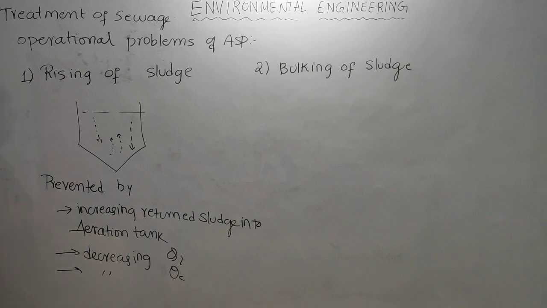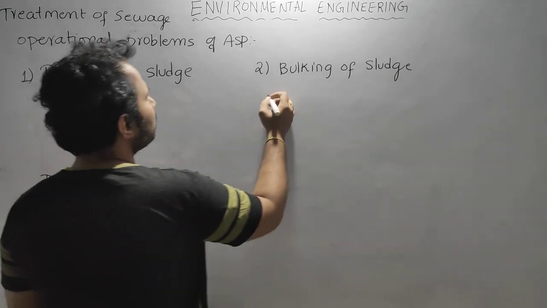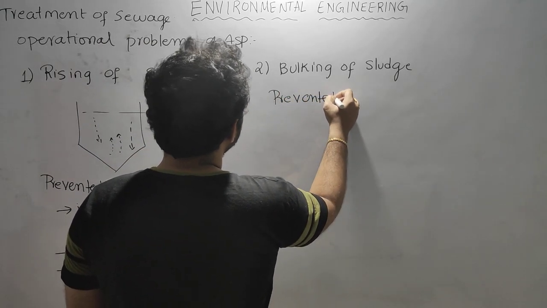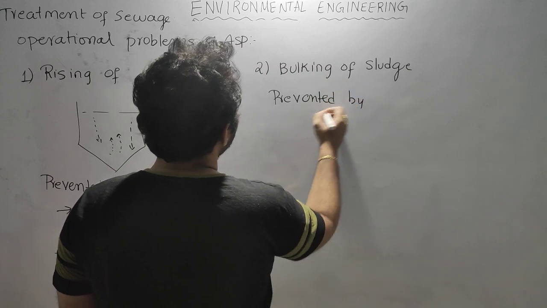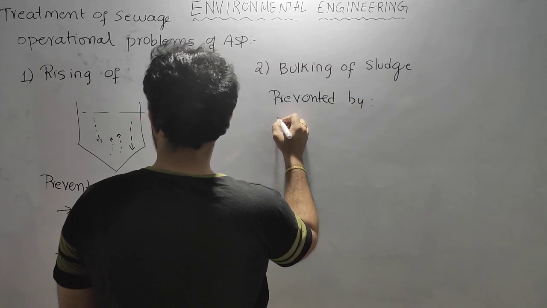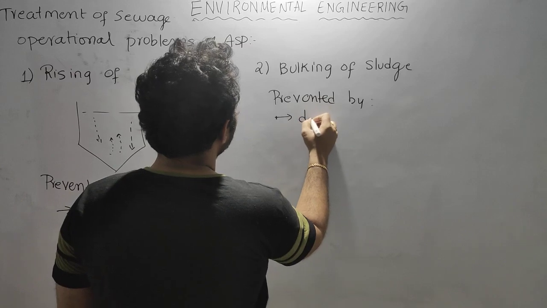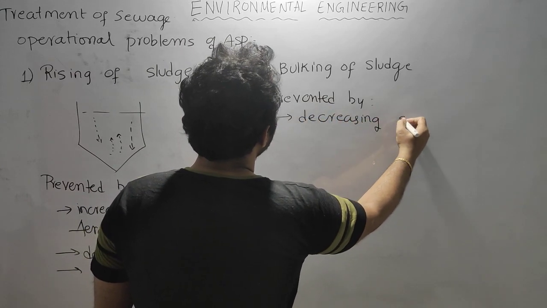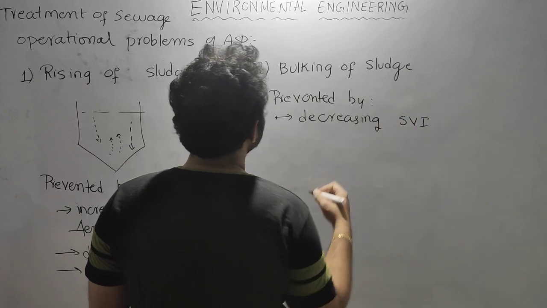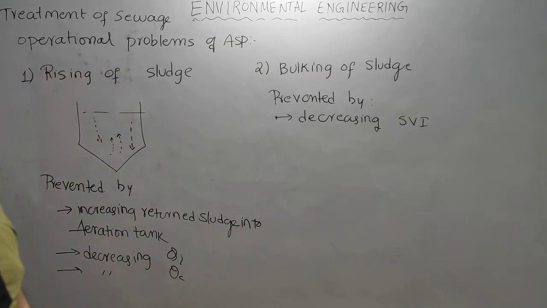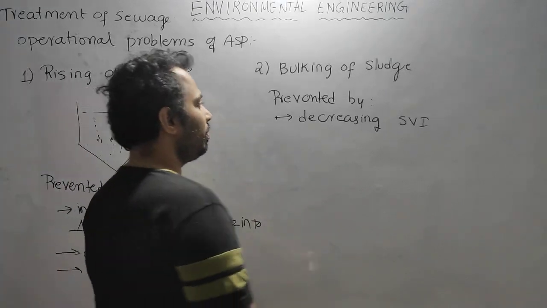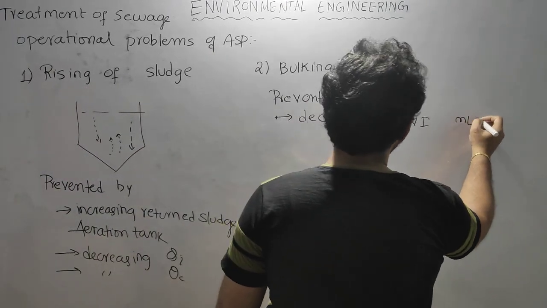This can be prevented by decreasing the sludge volume index. Why are we reducing the sludge volume index? See, SVI is in ml per gram.